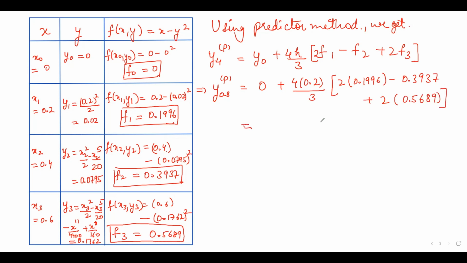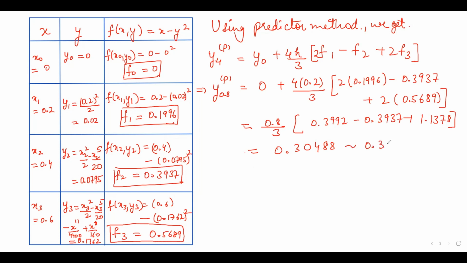So I'll be getting here, this would be equal to 0.8 divided by 3. After solving all of this, I'm getting 0.30488. So if this is a 5 decimal, we can approximate it to 4 decimal places. So it would be 0.3049. If you want to keep it as 5 decimal places, it's fine.